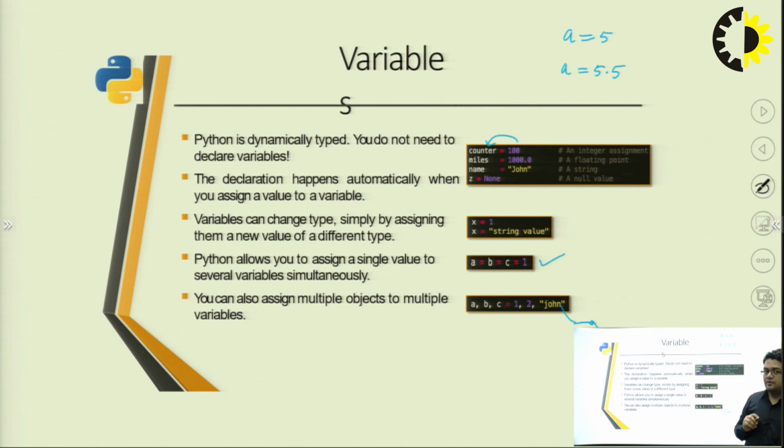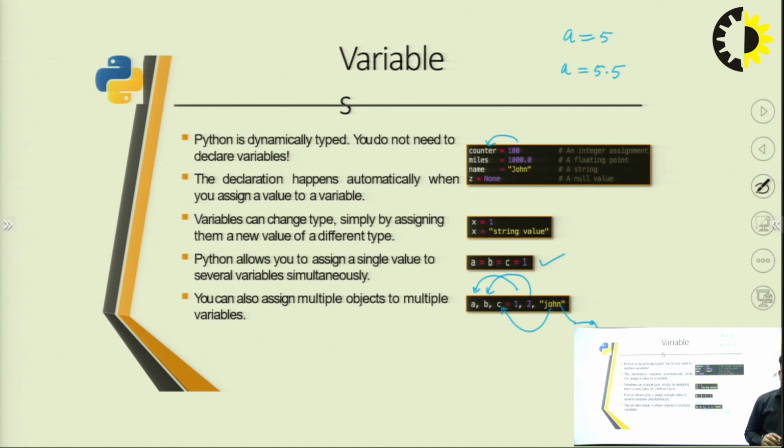Python allows you to assign a single value to several variables simultaneously like this. If we want to provide 1 to 3 variables at the same time, we can simply write a equals b equals c equals 1. That means we are assigning one value to all 3 variables, right? You can also assign multiple objects to multiple variables, like a, b, c equals 1, 2, "John". It means 1 will be assigned to a, 2 to b, and John to c.